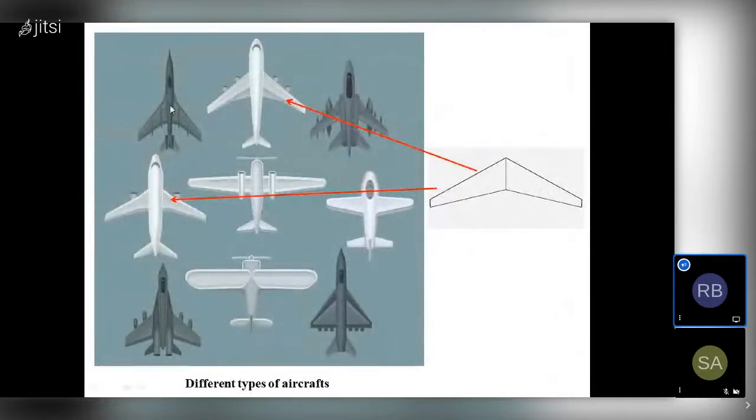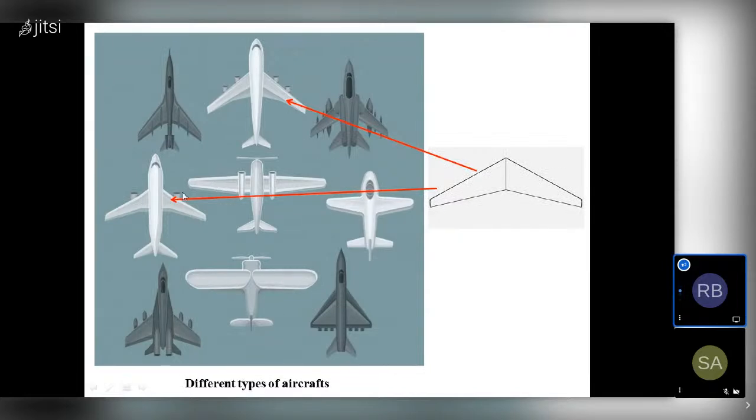Here we have different types of aircraft. These are all different aircraft that we have. So the planform view, the top view of a different aircraft wing, also differs, because we have different types of wing with respect to the different aircraft, right?